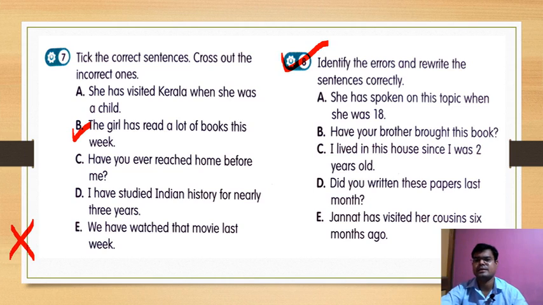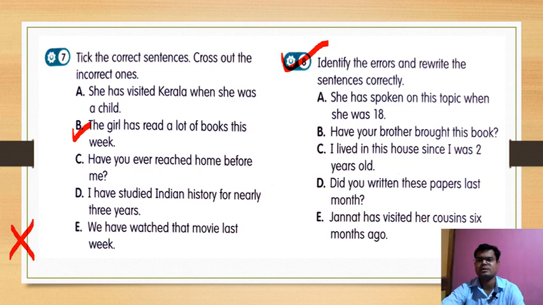Identify the errors and rewrite the sentence correctly. You have to identify the errors that are there. She has spoken on this topic when she was 18. Is it correct?